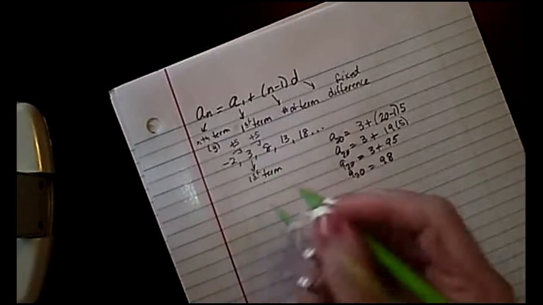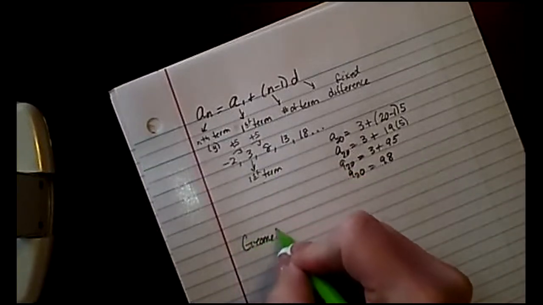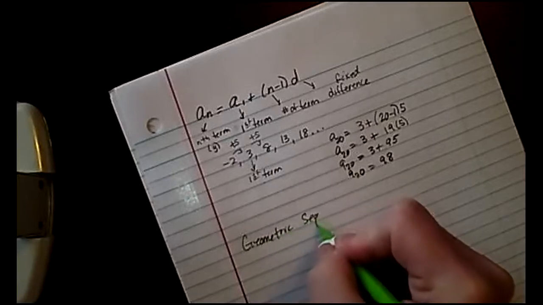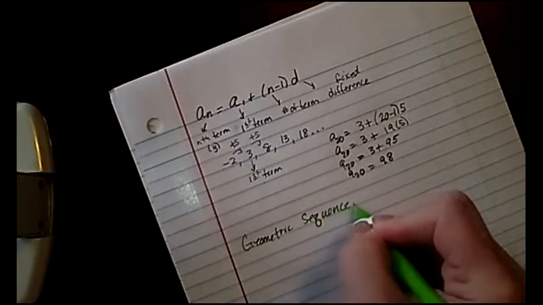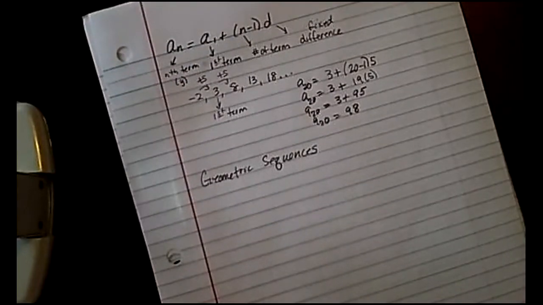So let's go ahead now and move on and talk about the geometric sequence. So geometric is really kind of similar to what we're talking about with arithmetic, because it's still dealing with a fixed ratio, but it's dealing with multiplication and division rather than addition and subtraction.